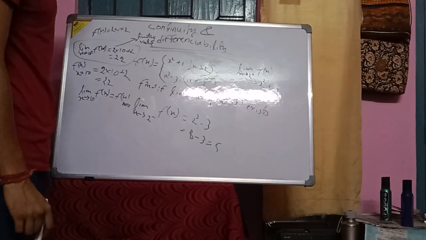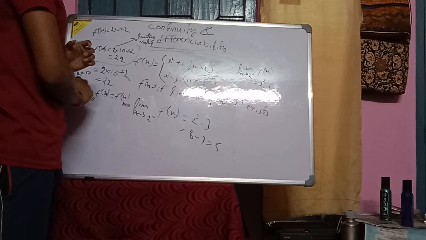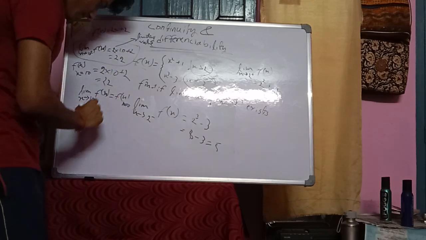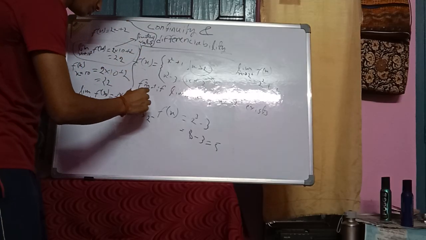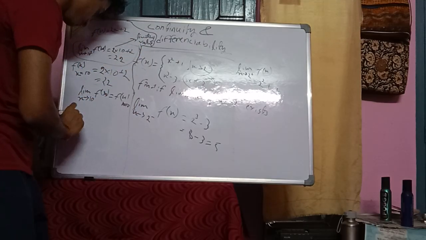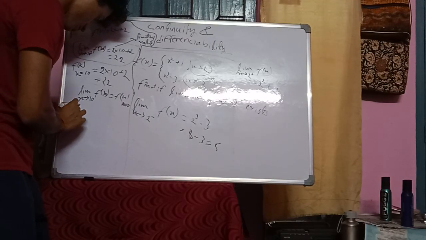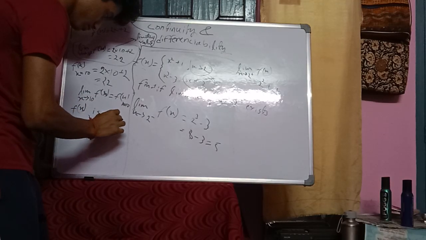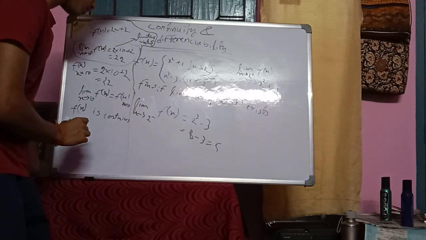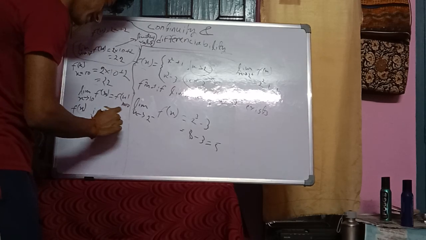So what does this line mean? What does this line say? This function f of x is continuous. What was the spelling again?